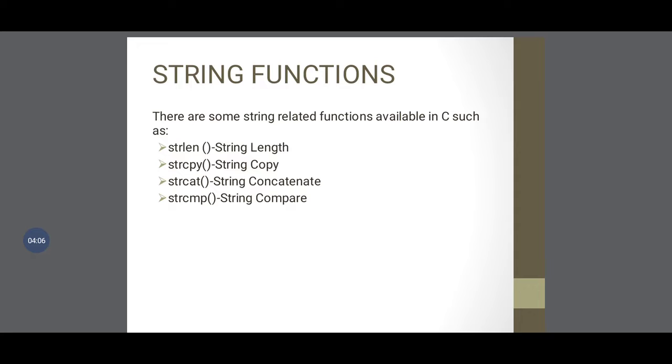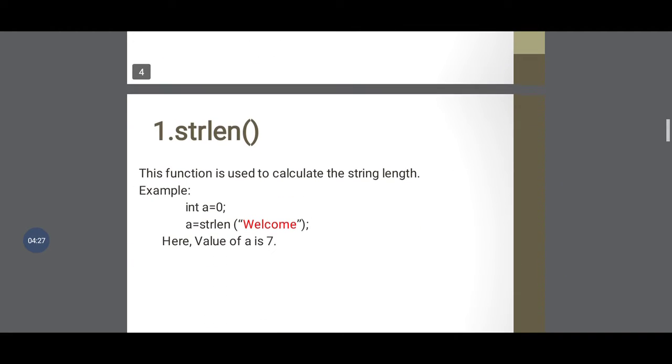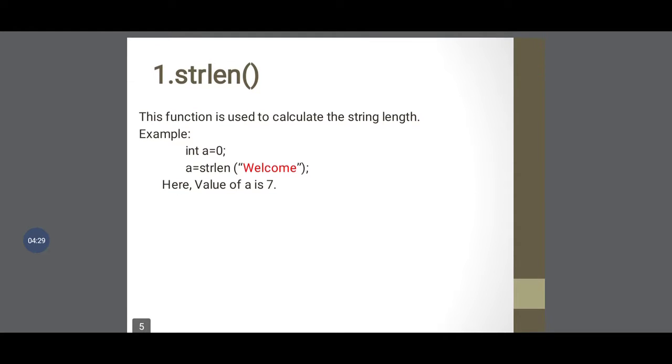The third is string concatenate, written as strcat. The fourth is string compare, mentioned as strcmp. So the 4 functions are string length, string copy, string concatenate, and string compare. We will study each function in detail.